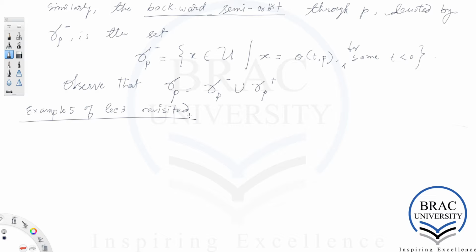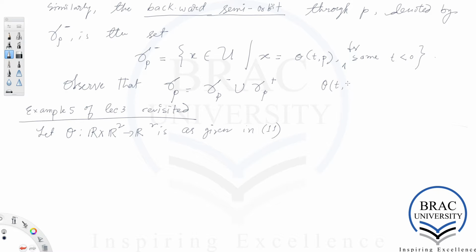So we have written down the flow map in equation number 11. Let theta, R cross R2 to R2, be as given in equation 11. And what was equation 11? Let me write it for you again.